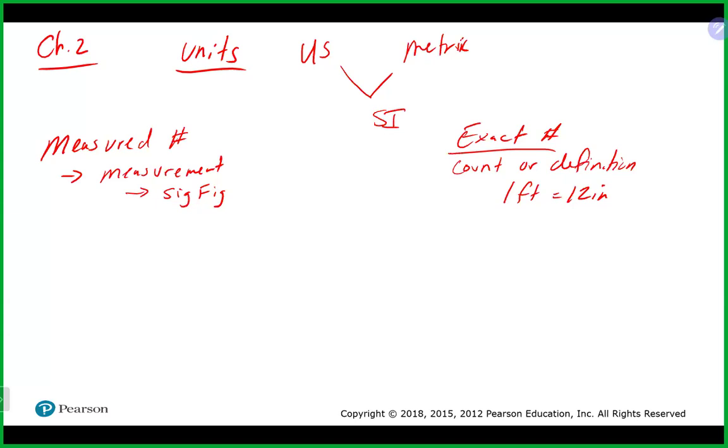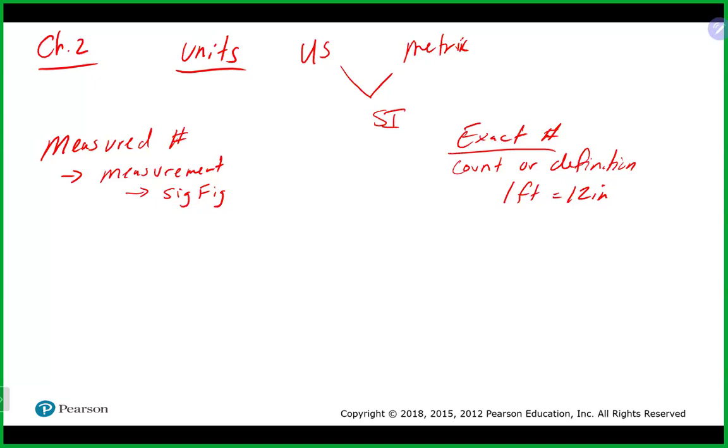If it is an exact number, it's considered to have an unlimited number of significant figures. The good thing in a calculation is that if you have an exact number, you don't have to worry about it in terms of how many significant figures your answer should have. You just have to focus on the measured numbers, and that's how we'll figure out how many sig figs our answer should have.